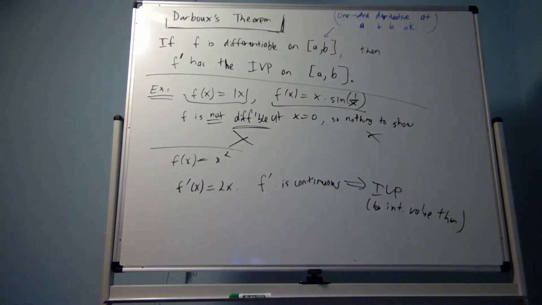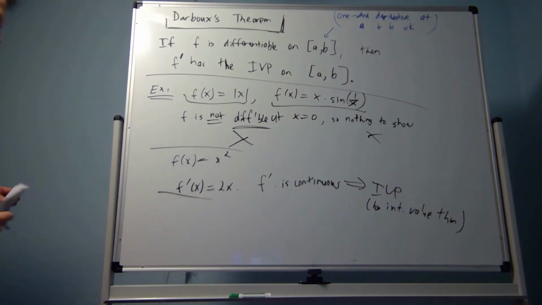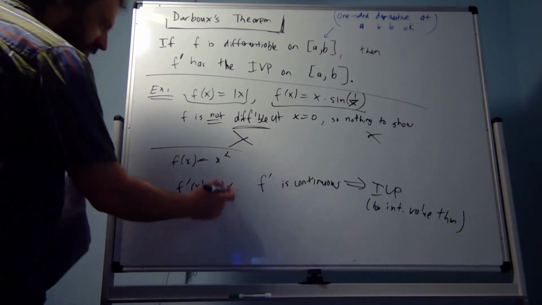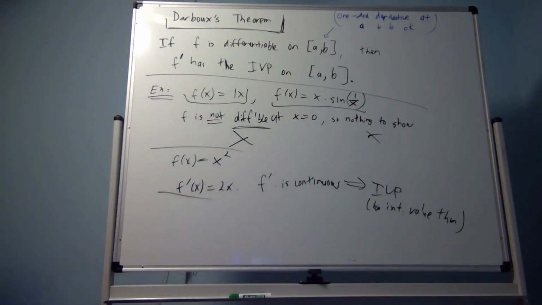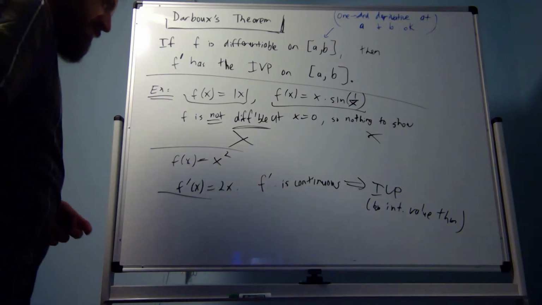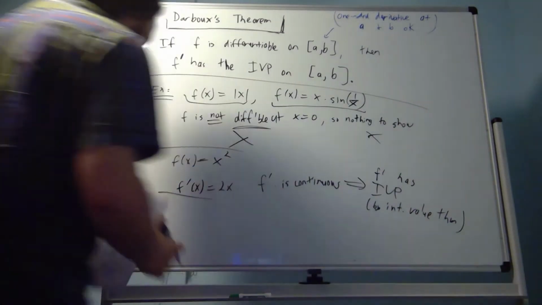Sure, if the derivative happens to be continuous, like all of our favorite functions from Calculus 1, then the intermediate value property is the conclusion of the intermediate value theorem. So the derivative is a continuous function on any interval that you choose to investigate. So f prime is continuous, therefore f prime has the intermediate value property.